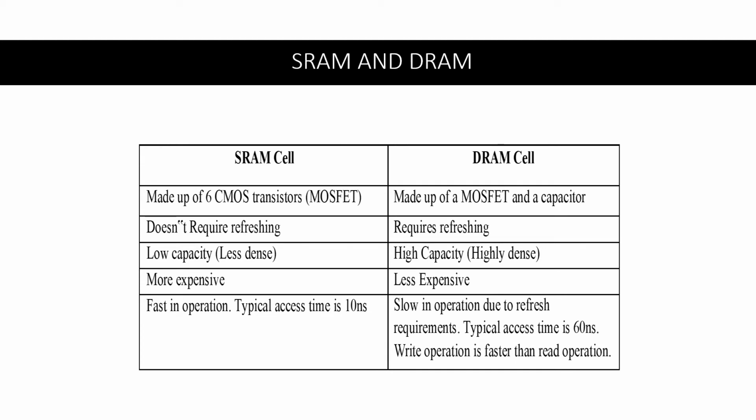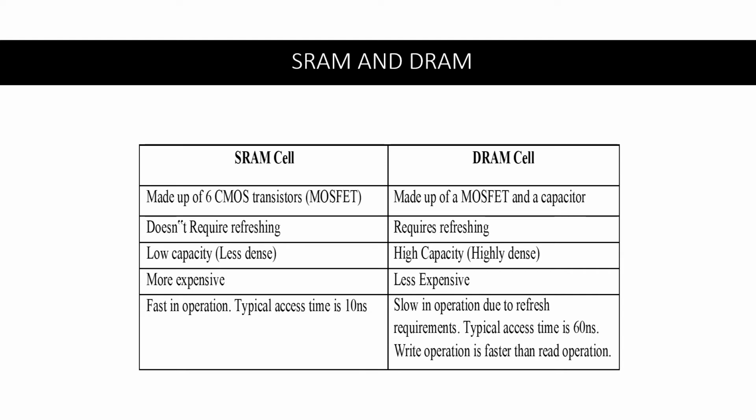Only while the power is there can it show the data. There is not much storing capacity in SRAM. In static RAM we are using 6 MOS transistors, whereas in DRAM we are using a MOSFET and a capacitor. That is the structural difference between SRAM and DRAM.